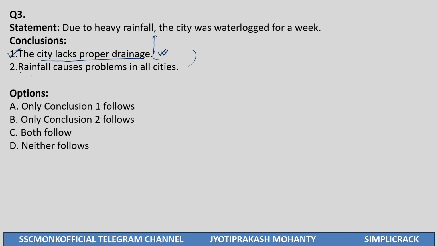This statement does not have any information about all the cities. That means this conclusion is not directly associated or attached with the statement. That means this cannot be my conclusion. So my right answer will be only conclusion 1 follows.